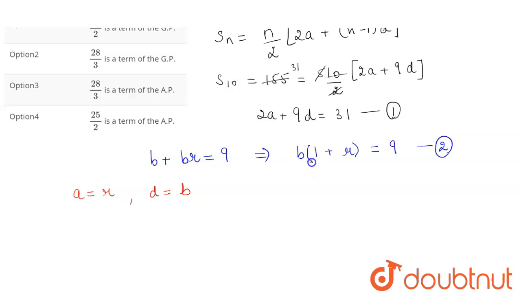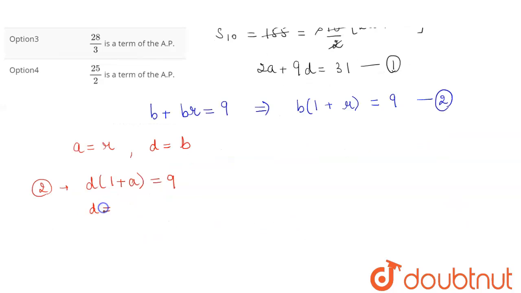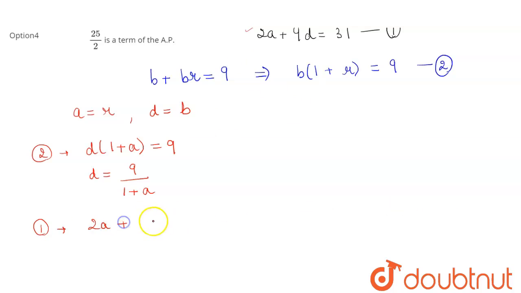If we substitute the values of r and b in the second equation, this becomes d(1 + a) = 9, and d comes out to be 9/(1 + a). If we put this value in equation 1, we get 2a + 9 into 9/(1 + a) = 31.